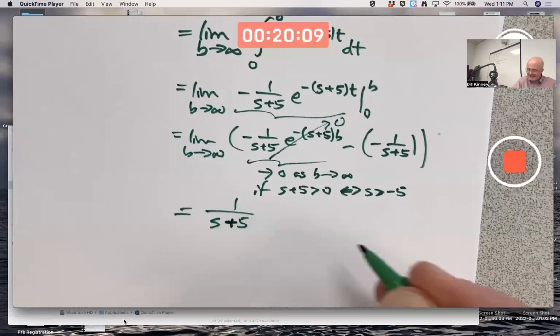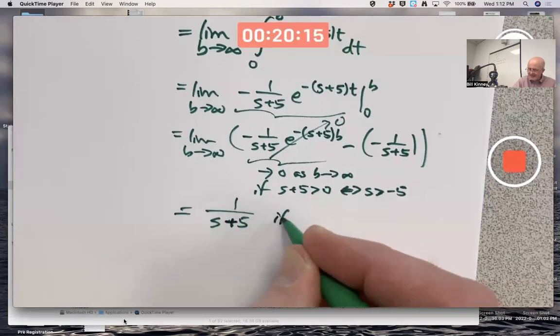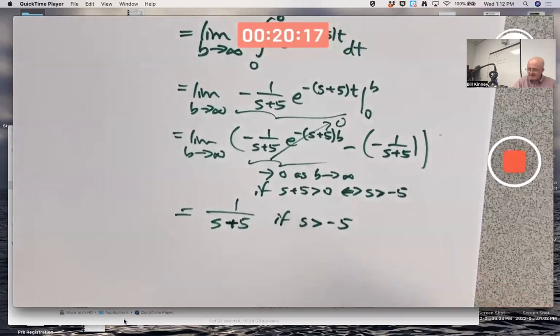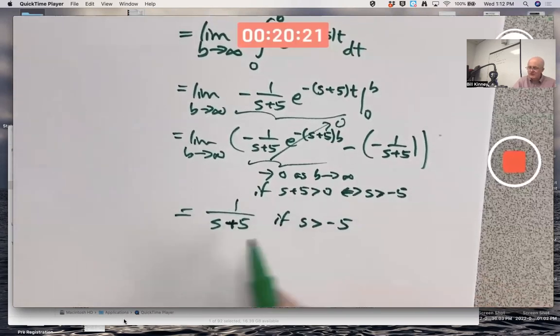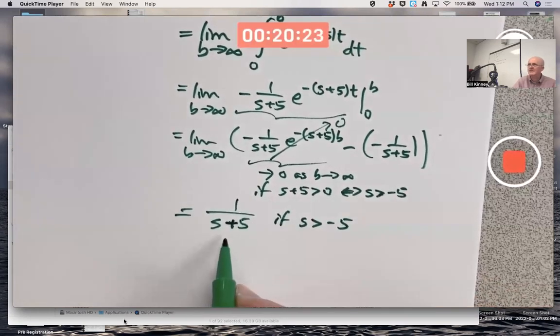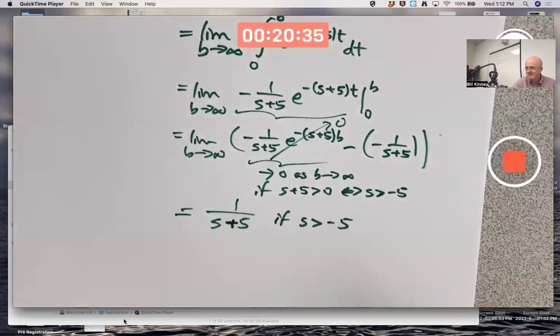A function of s that I guess would exist as this limit if s is bigger than negative 5. It's like a function of s with this domain. Of course, you could plug a number less than negative 5 into this expression. But the point is, this calculation is only valid if s is bigger than negative 5. That makes sense?